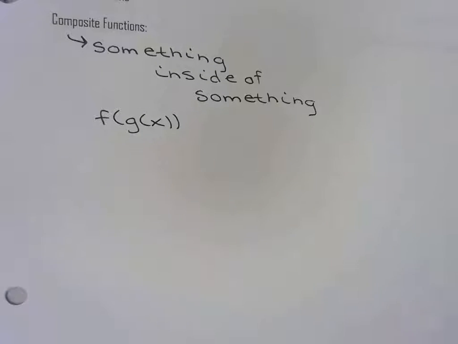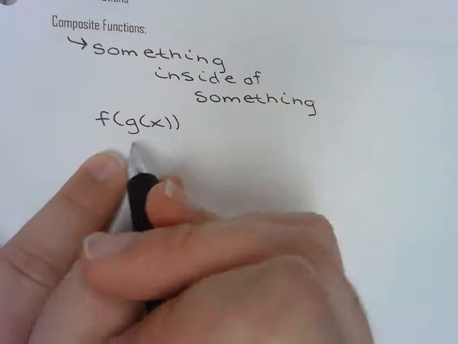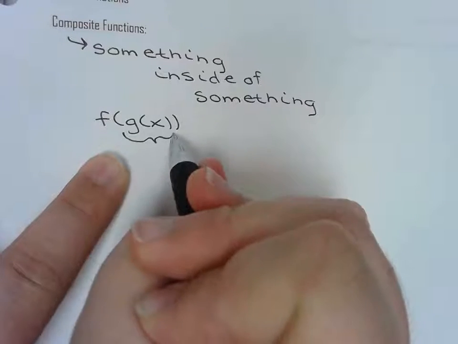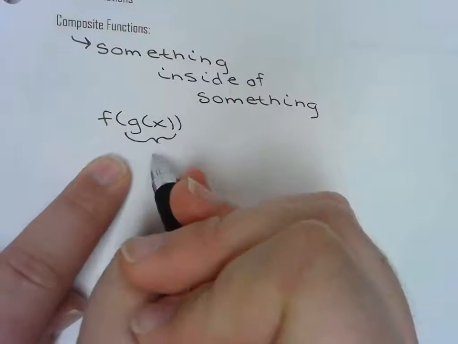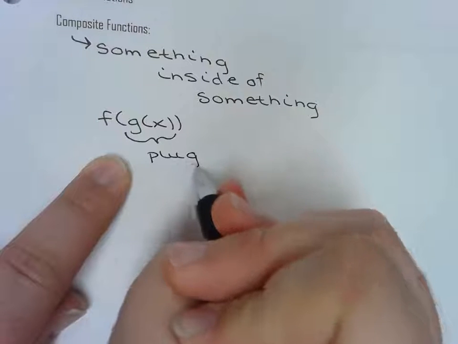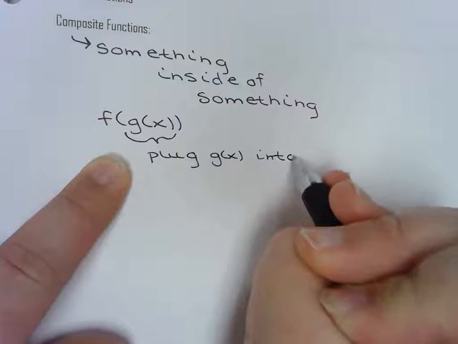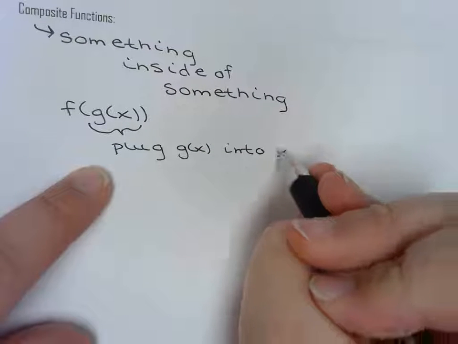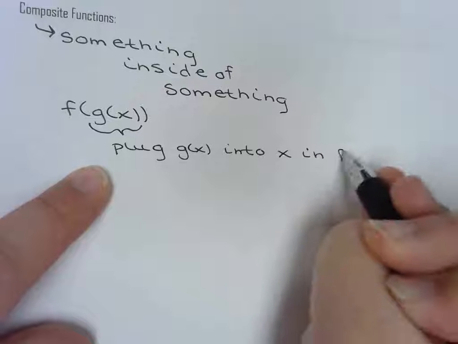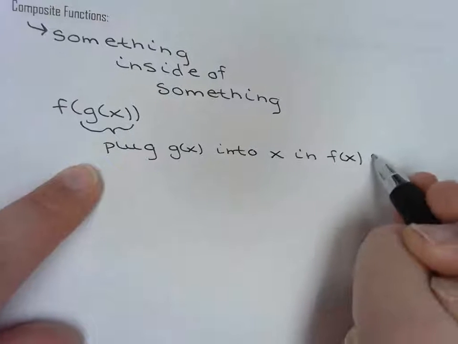This is not multiplication. What you notice is that g of x is inside the f function. So you're going to plug g of x in for x in the f of x function.